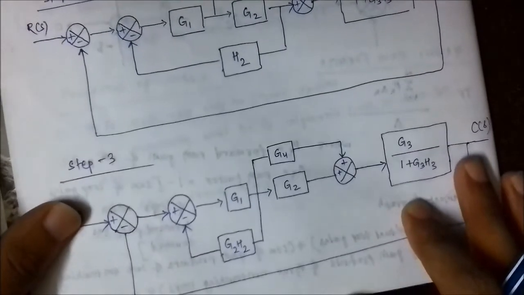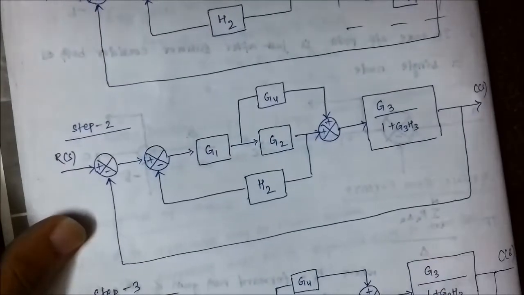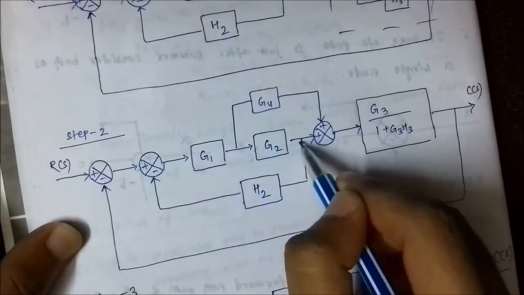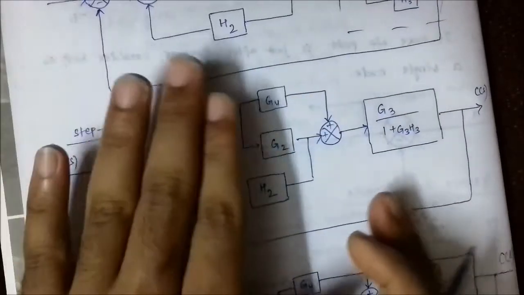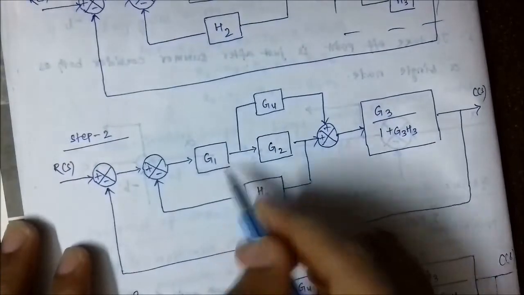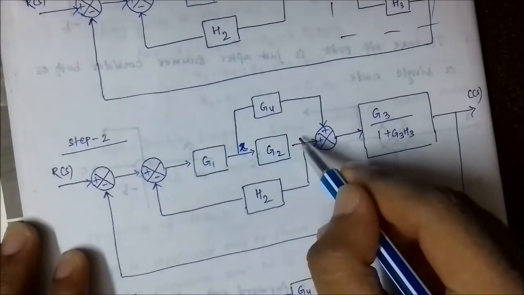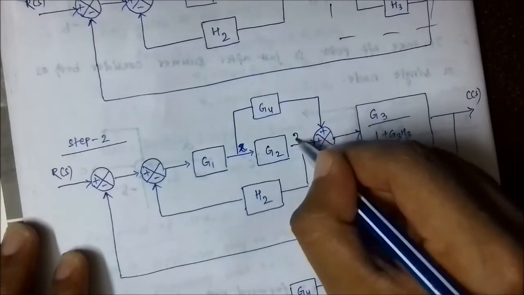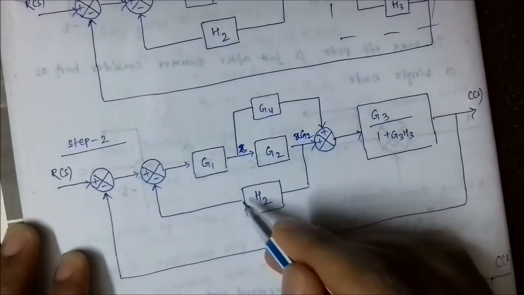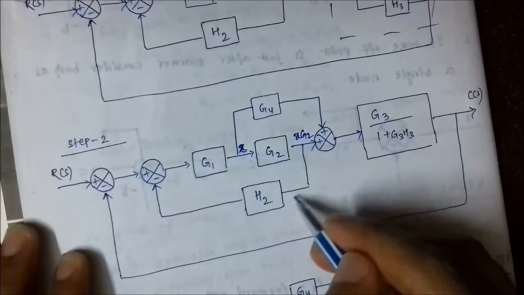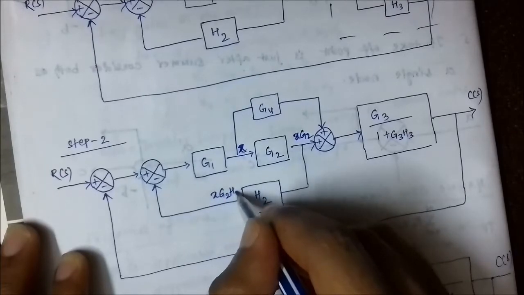See here, we have moved this takeoff point. How have we moved it? Here, let us say the net input, do not consider these things, just visualize the input here is X. The output here will be X G2, and the net output here, multiplied with this value, will be X G2 H2.